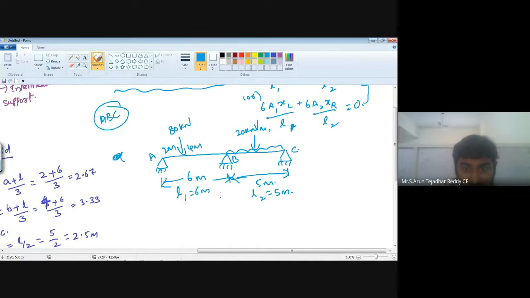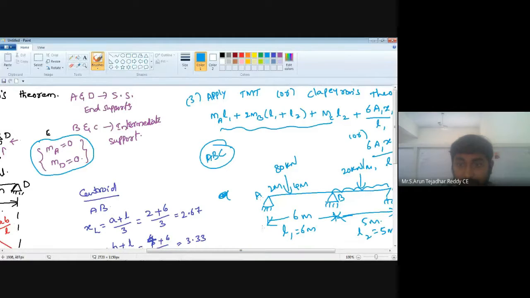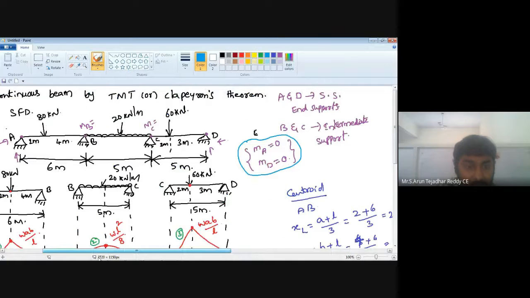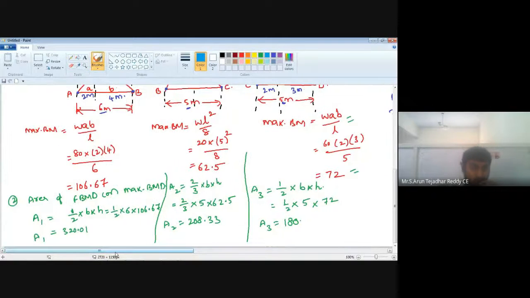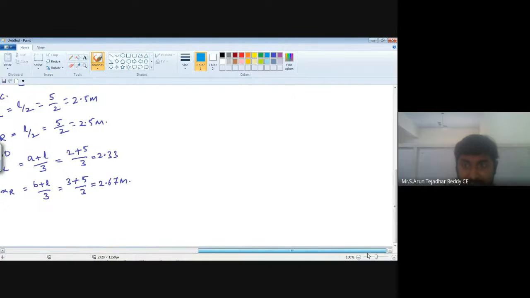Next, in the formula, what are the remaining terms? A1 and A2. A1 here is 320.01, and A2 here is 208.33.